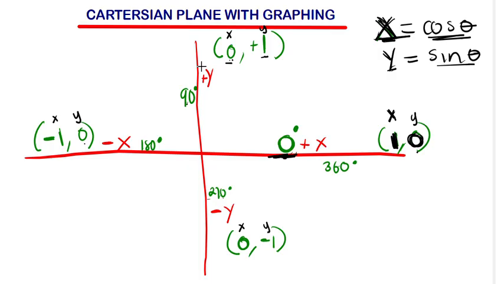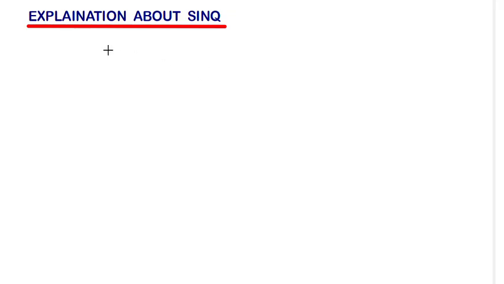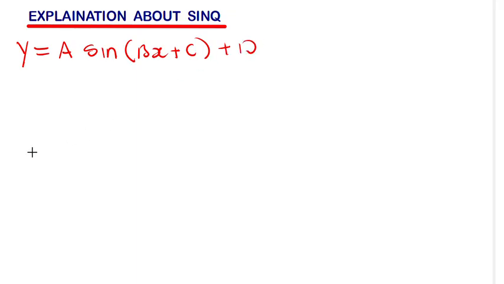So this is the simplified way on how you can know these things, and that is how you know these things most of the time. Okay, now let's go to the explanation based on sine theta. Now let's look at y equals a sine(bx plus c) plus d.